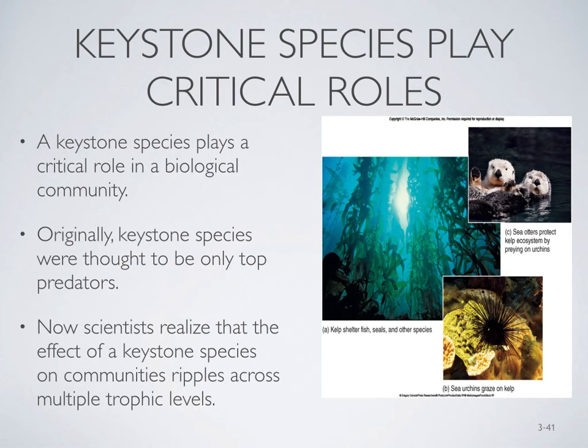The effect of a keystone species on communities ripples across multiple trophic levels. Off the northern Pacific coast, a giant brown alga forms dense kelp forests, which shelter fish and shellfish species from predators, allowing them to become established in the community. Within this kelp forest are also sea urchins, which graze on the kelp on the seafloor, and sea otters, which eat the sea urchins.